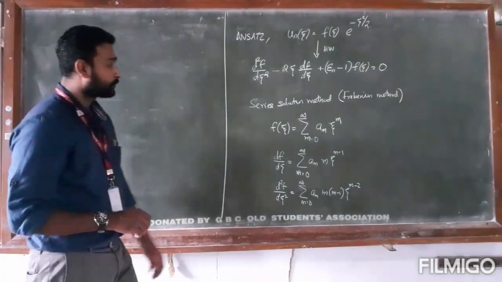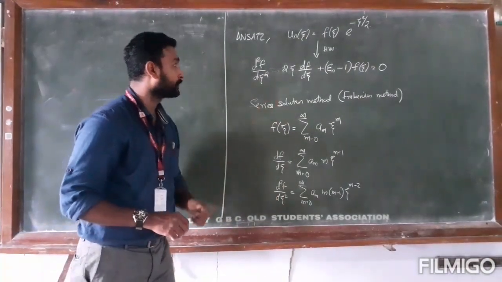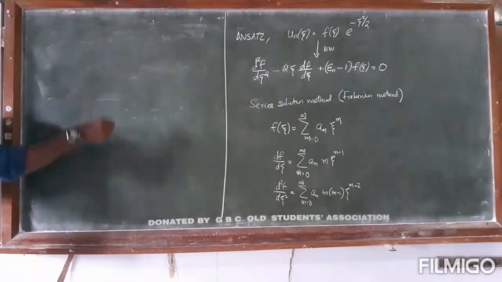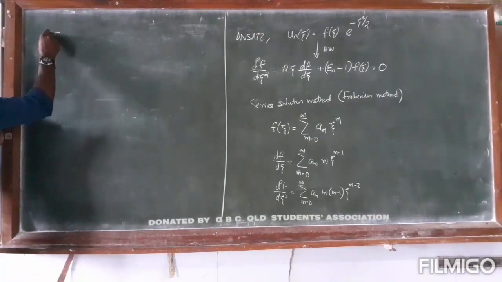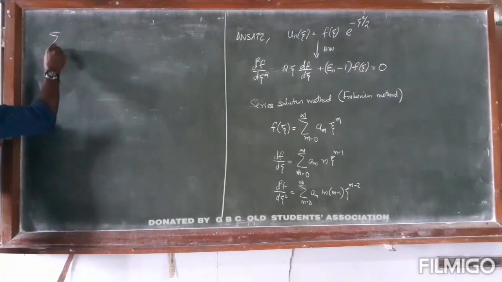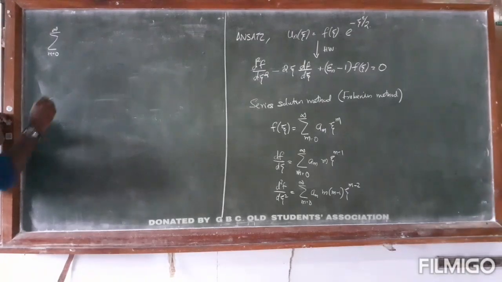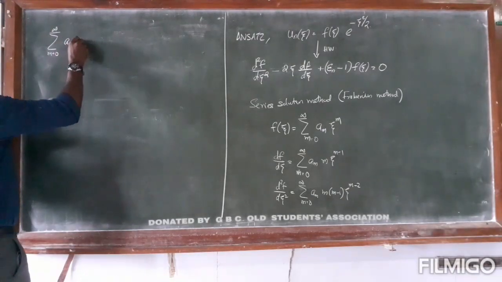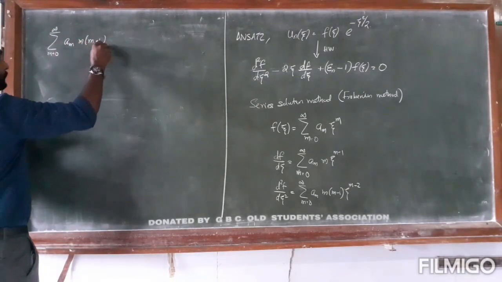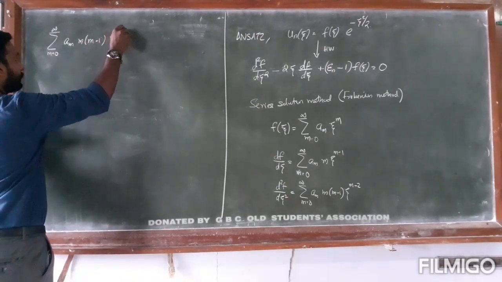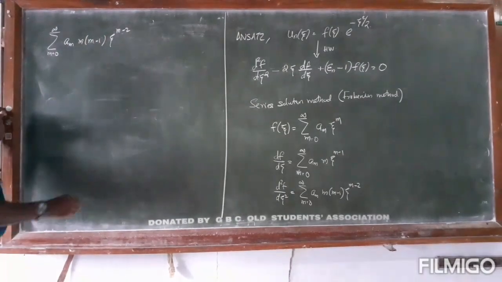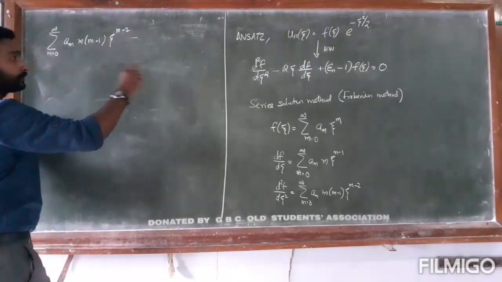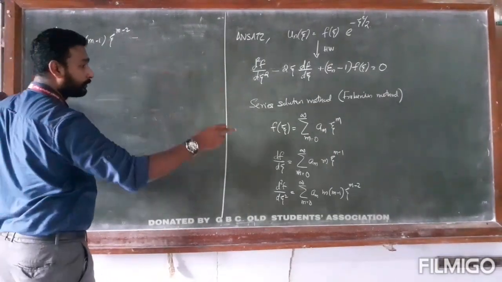Now just substitute all these things into our differential equation. So d square f by d theta square is simply the sum over m equal to 0 to infinity of a_m m into m minus 1 theta raised to m minus 2, minus 2 theta times df by d theta.